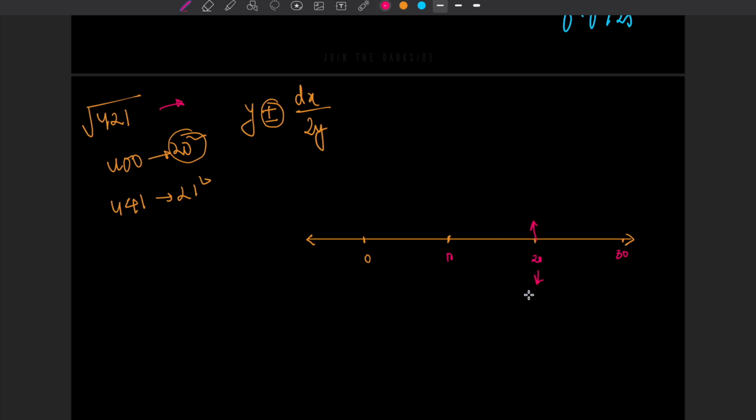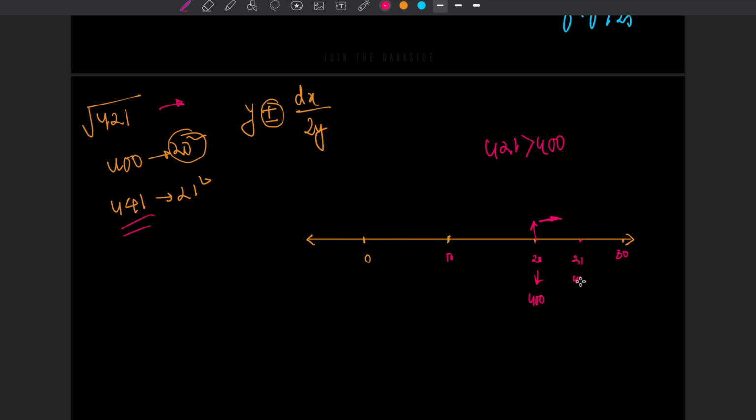So 20 squared is 400, and we know that 421 is greater than 400. Hence we will proceed this side. That means we have to add something to it in order to get that value, right? And if we take 441, let's just say that 441 is here, that means 21 is here.